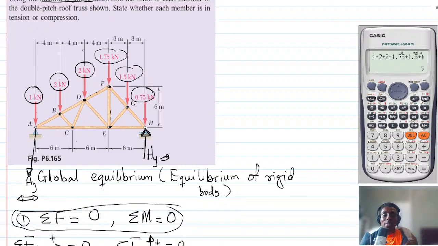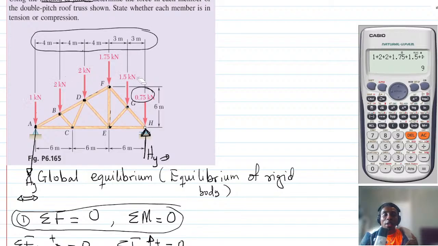Okay, without wasting much time, let's take moment about point A. Because we are taking moment about point A, the moment of 1 kilonewton and AY about point A is 0. Now, we will be dealing with the distances at the top here. Quickly, let's do this together.